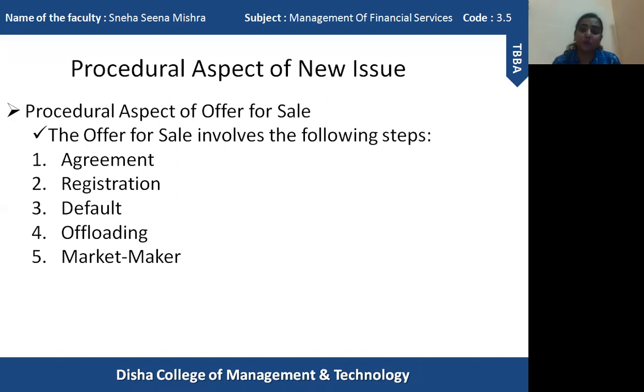After purchasing the specified number of shares from the company, they can resell the shares to the general public. In between that process they have to follow all the terms and conditions and the rules and regulations of SEBI.